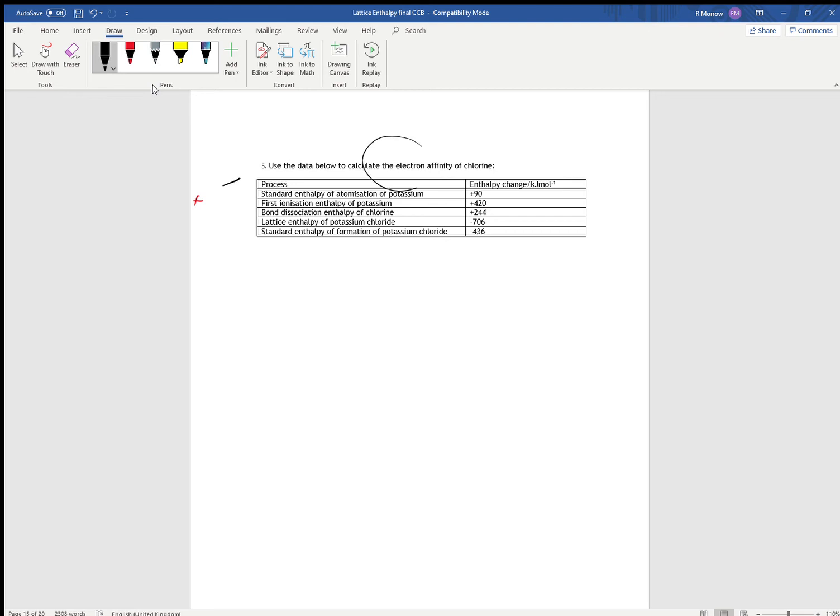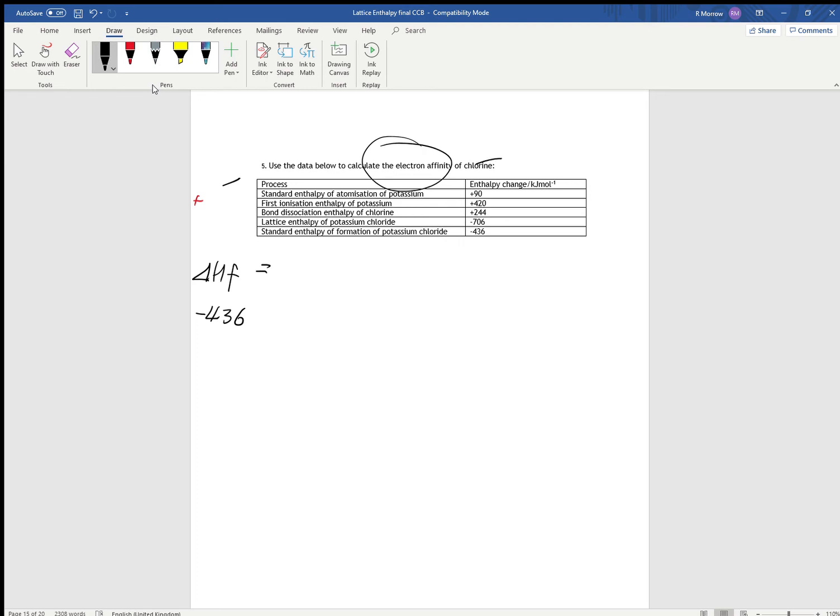Right, so we've got to get the electron affinity of chlorine here, and again, it's exactly the same. I've got to try and envisage all of these enthalpy changes that are going on. So the enthalpy of formation is -436.